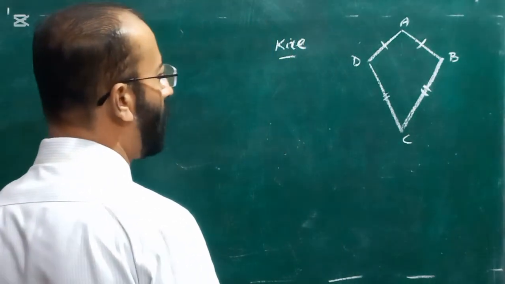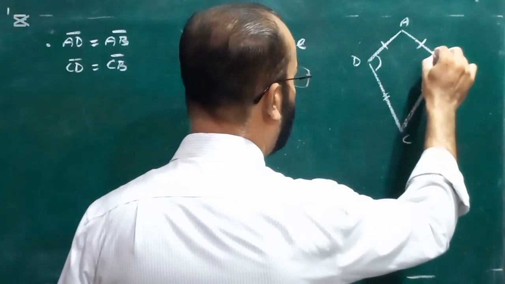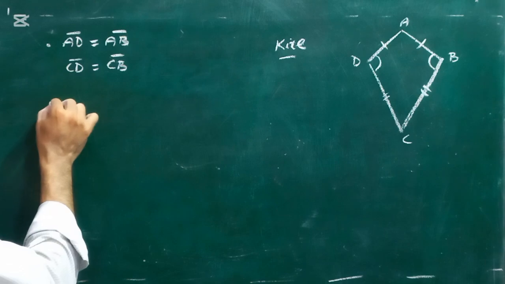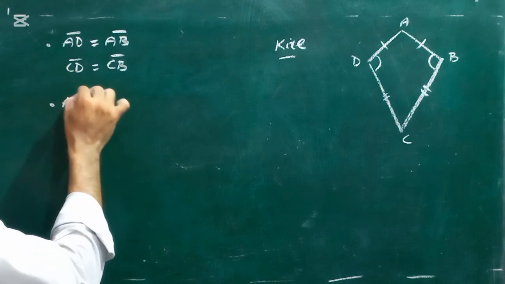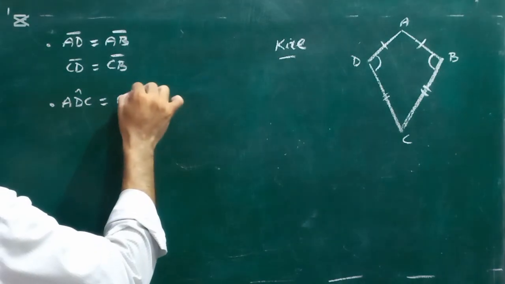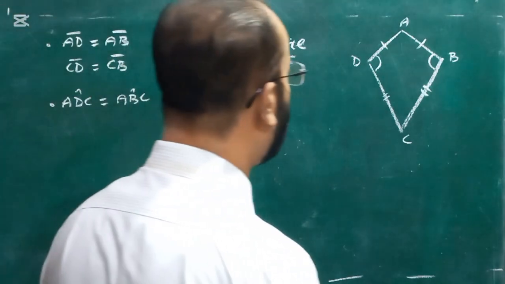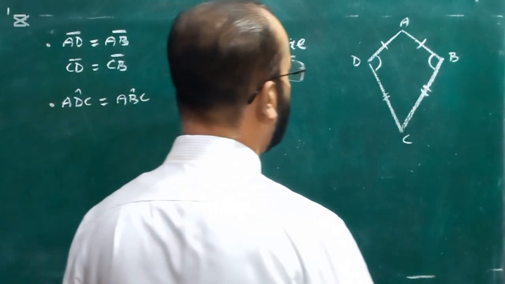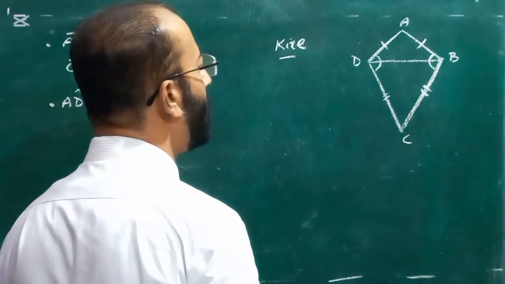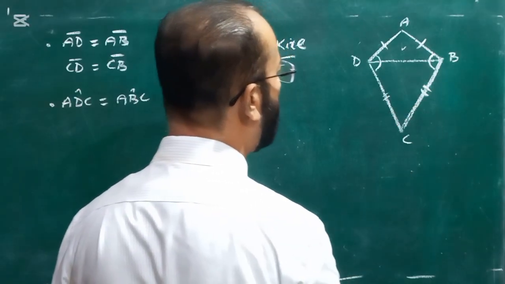The next property which is applied in the figure is this angle will be equal to this angle. So ADC will be equal to ABC. The next property is if we draw the diagonal, definitely the upper triangle and the lower triangle will become isosceles triangles.